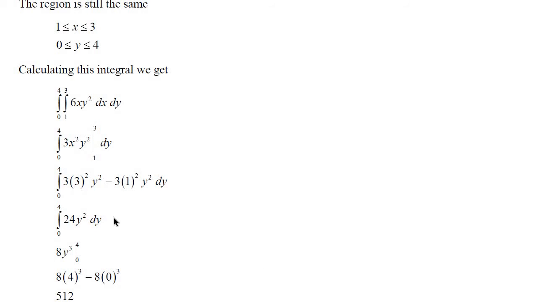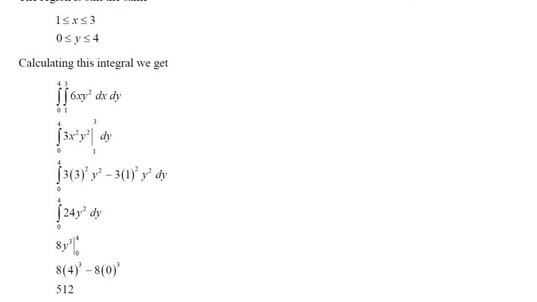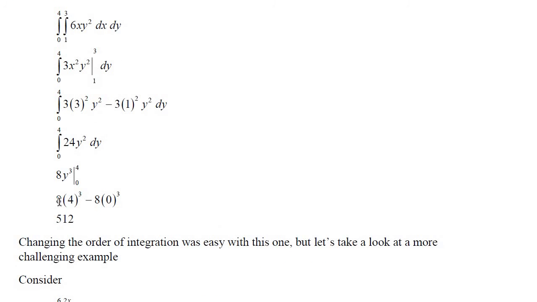And then we have to integrate this with respect to y. So that ends up giving me 8y cubed going from 0 to 4. When I plug in my endpoints, that gives me 8 times 4 cubed minus 8 times 0 cubed, which gives me 512.